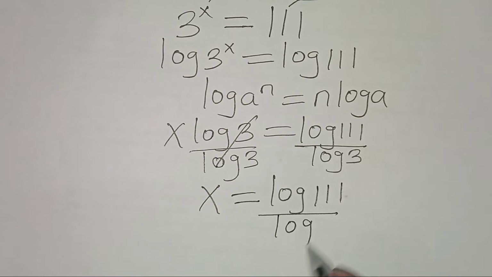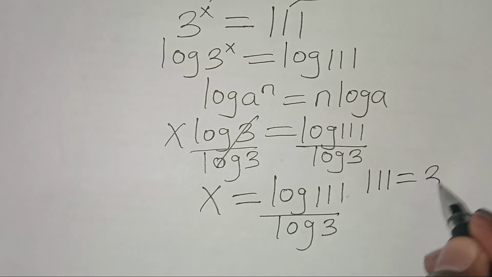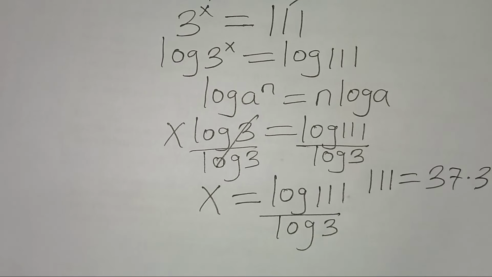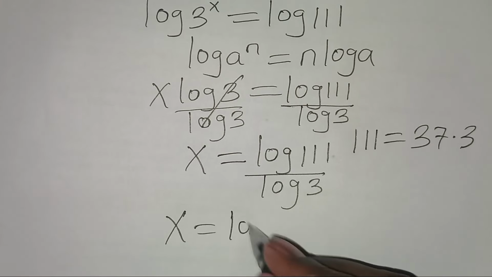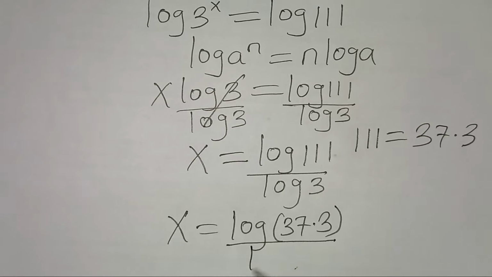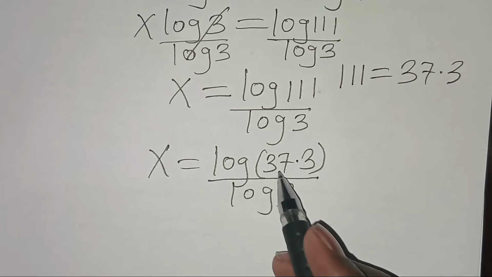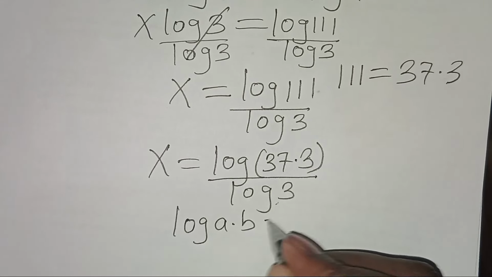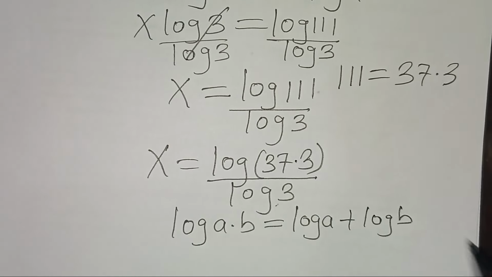divided by log 3. We can express 111 as 37 times 3. So let's substitute this: x equals log of 37 times 3, divided by log 3. Log 37 times 3 is in the form of log a times b, which you can express as log a plus log b.